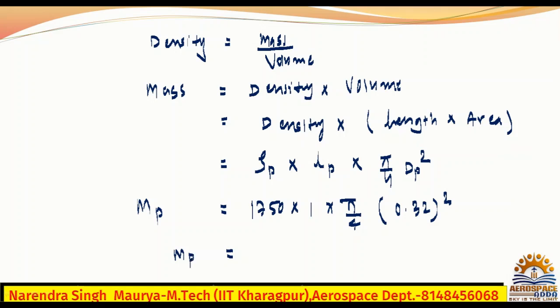So 0.32 square into pi into 1750 divided by 4. So I'm getting here 140.743 kg.